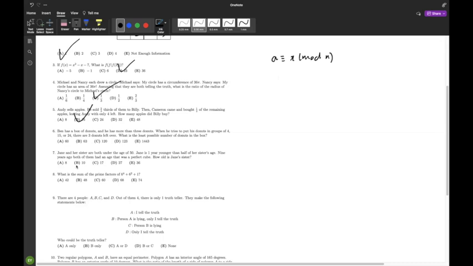Should I explain this or not? It stands for modulo. So I will just write it out. A is congruent to x modulo.